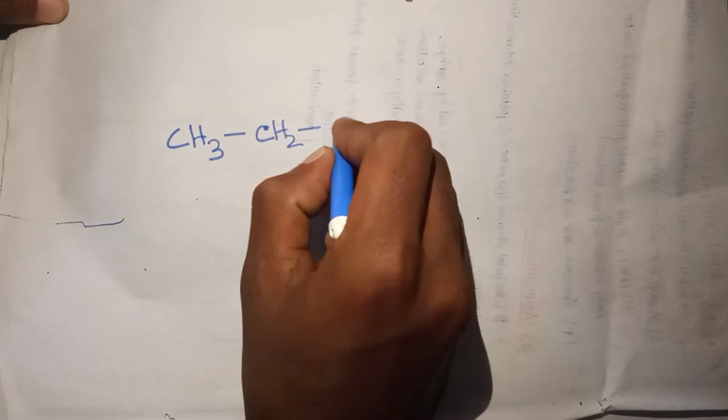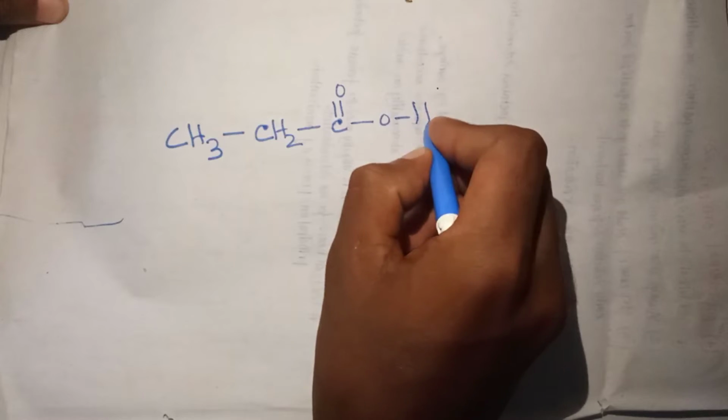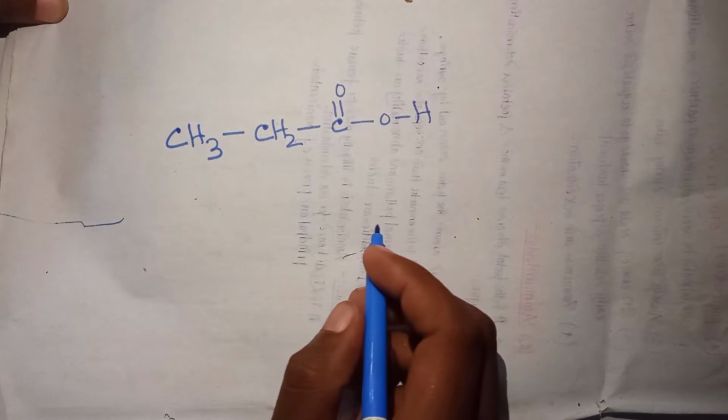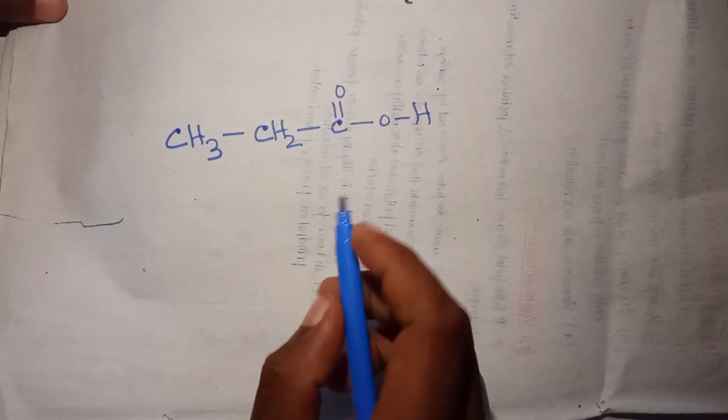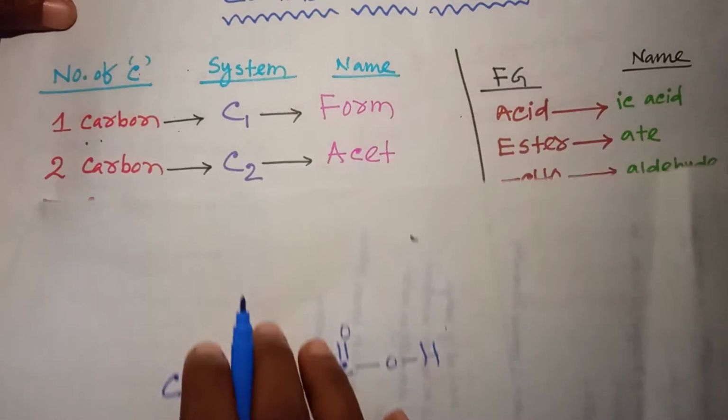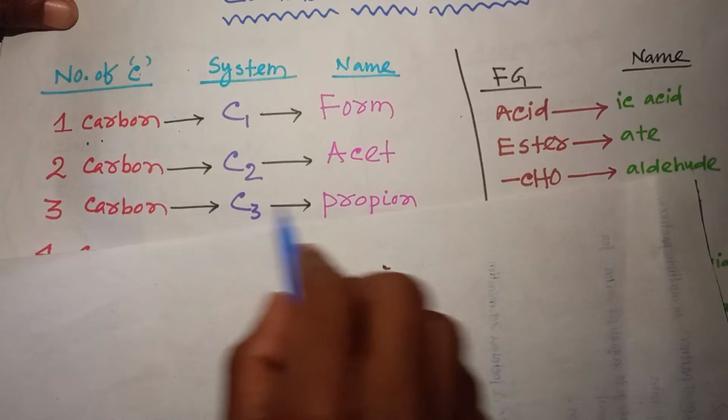Let's say I have a compound like this, CH3CH2C double bond O, OH. You have to check the number of carbon atoms in this compound. The total number of carbon atoms is 1, 2 and 3, and for 3 carbon atoms we use the word propion.